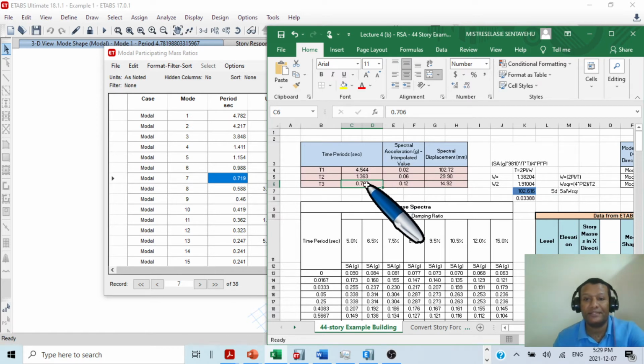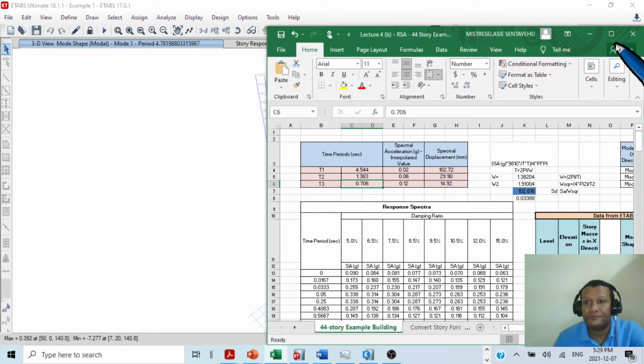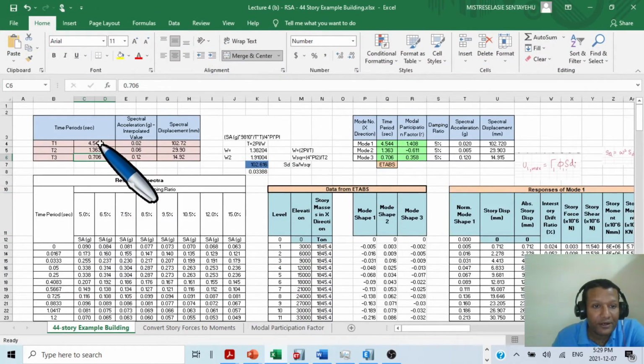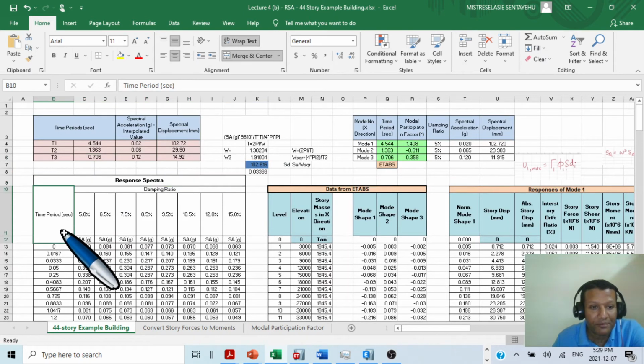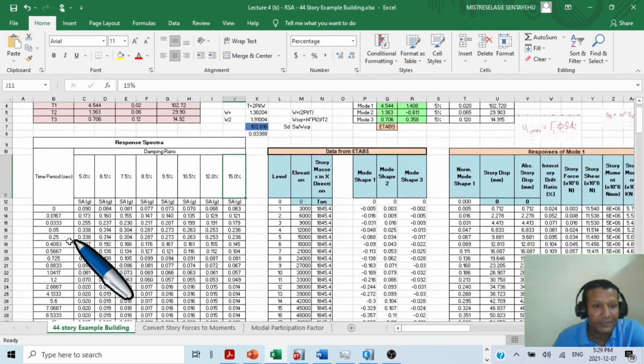So let's approximate. This is the time period. The spectral acceleration we directly pick from this curve. So we have a response spectrum, and we have the time period here. For different damping ratios, for 5, 6.5, 7.5, 8.5, 9.5, 10.5, 12, 15, we have the response spectrum acceleration.